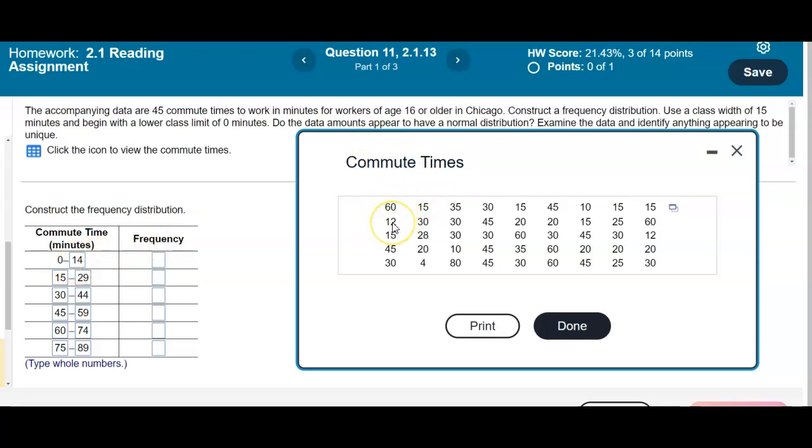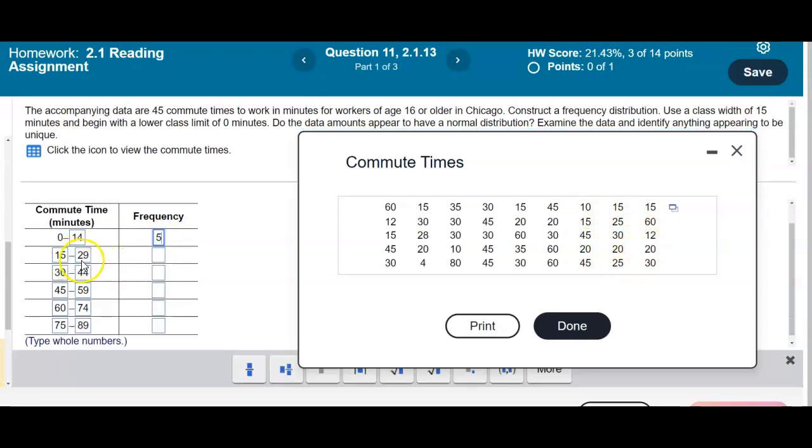So we have 1, 2, 3, 4, 5. So there's 5. Now between 15 and 29, we have 1, 2, 3, 4, 5, 6, 7, 8, 9, 10, 11, 12, 13.